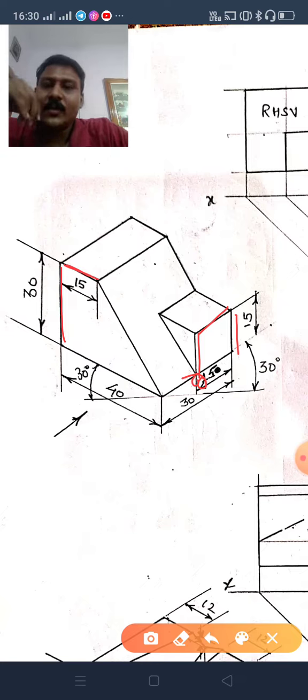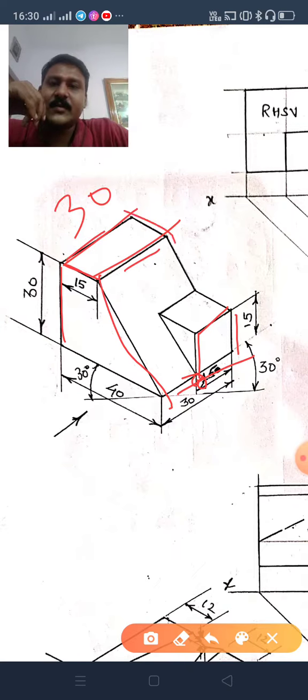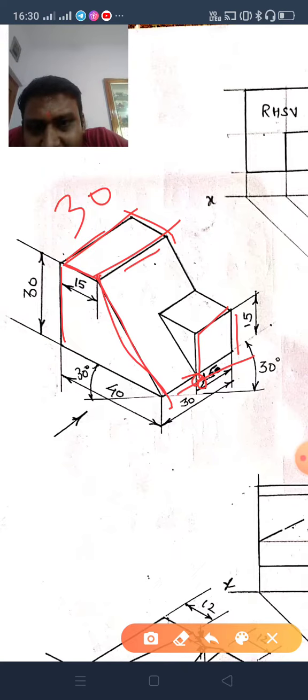Now take 15 on this side, then join this 15 from this point. Draw parallel to this line 30 mm; this is also 30, this is 30, join this 15. Now you have drawn this line, so draw a line parallel to it from here. You don't know the length, just draw a line parallel to it.